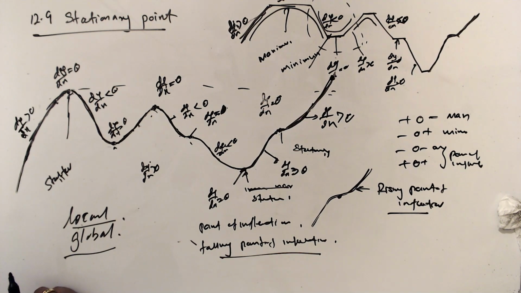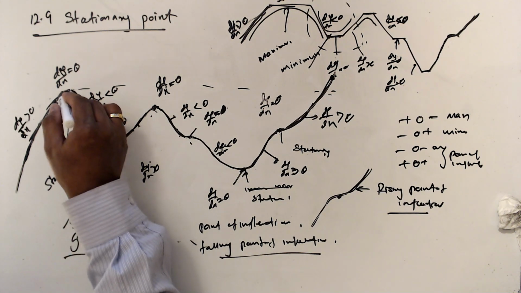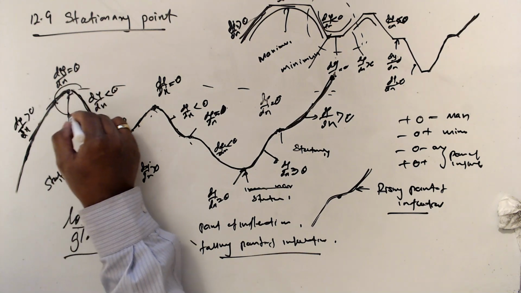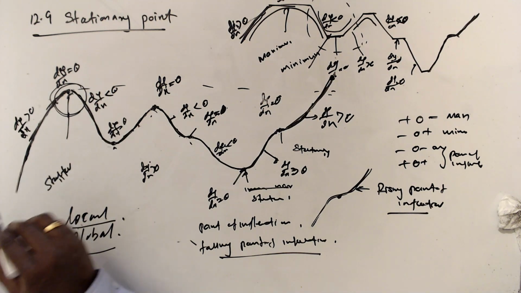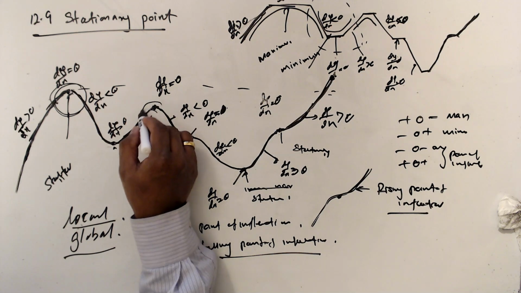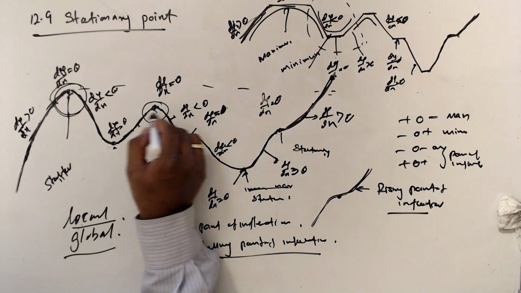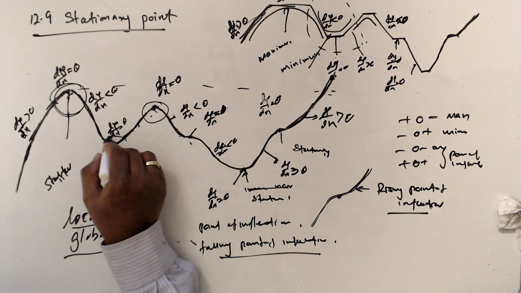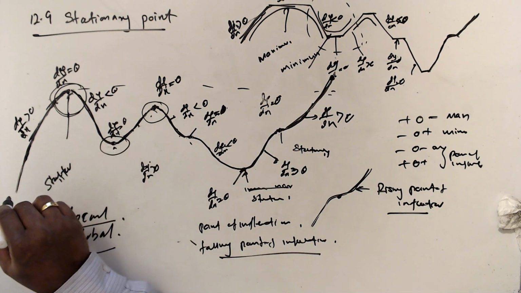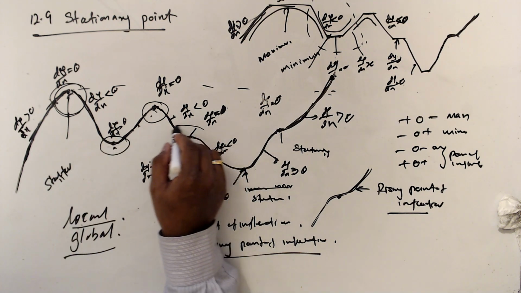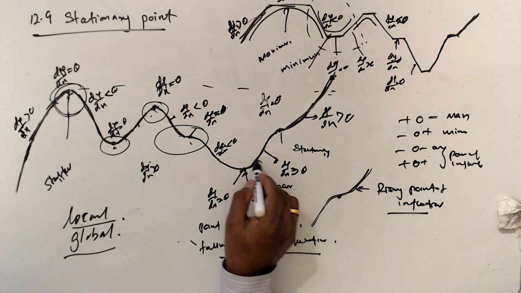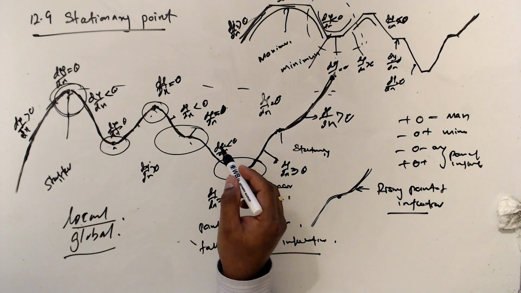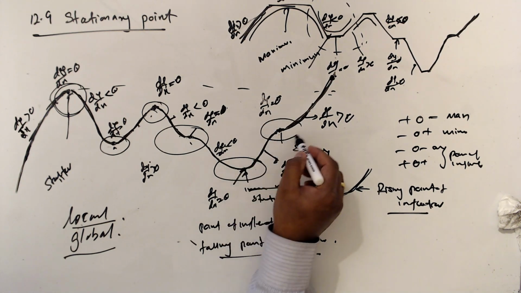The shop around you, near your house. So likewise, when you consider this local area, this is a maximum. When you consider this local area, this is a minimum. When you consider this local area, this is a point of inflection. And same as this is a minimum. This is a point of inflection.